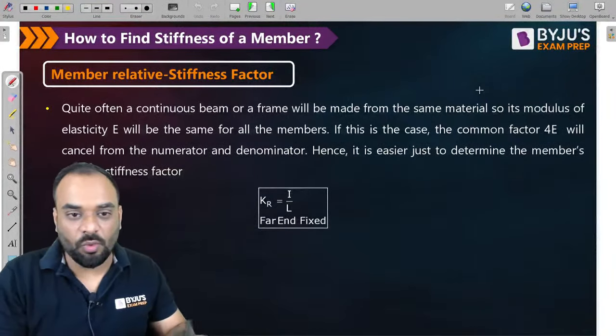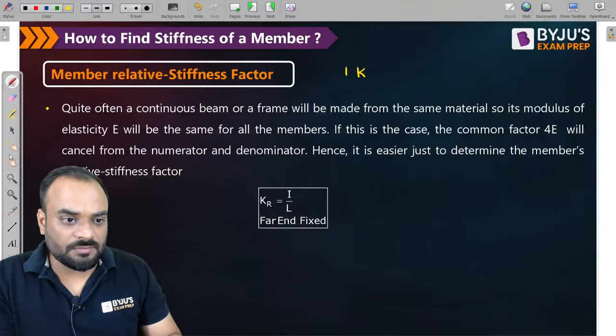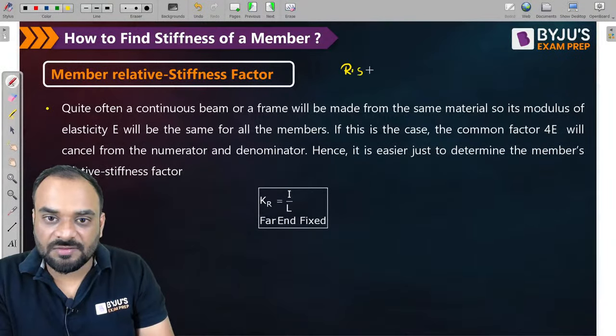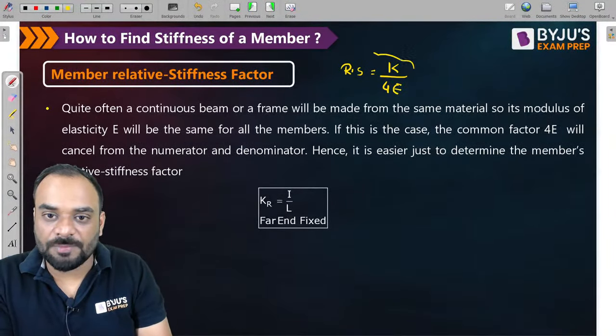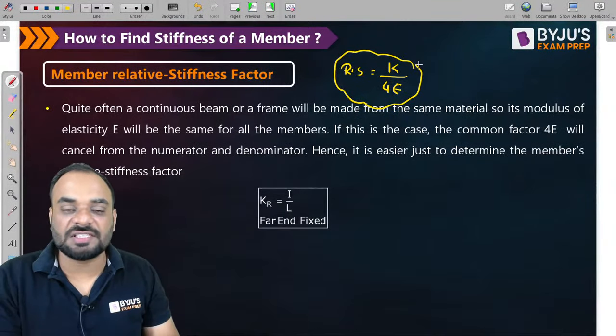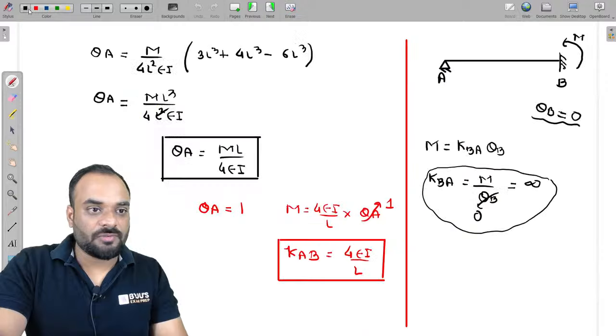So let me explain what our relative stiffness is. Relative stiffness can be defined as the ratio of stiffness of a member divided by 4E, right? So this is nothing but our relative stiffness. Now let's understand the concept.